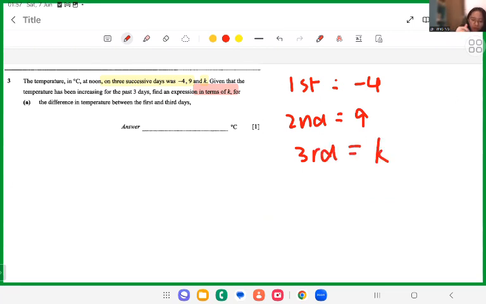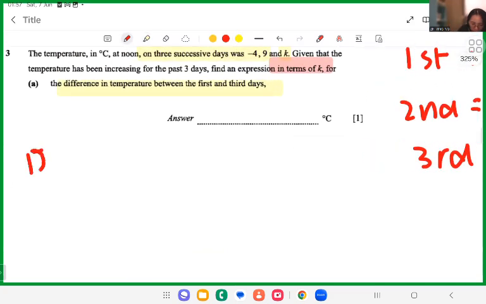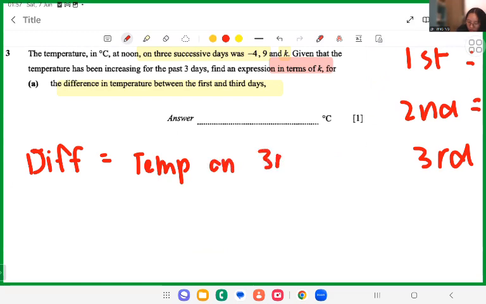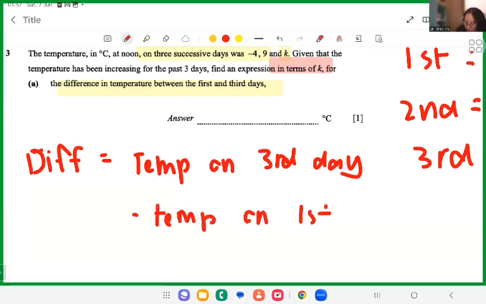And then let's look at part A. It needs us to find the difference in temperature between the first and third day. So to find the difference, we need to use the temperature on the third day minus the temperature on the first day.